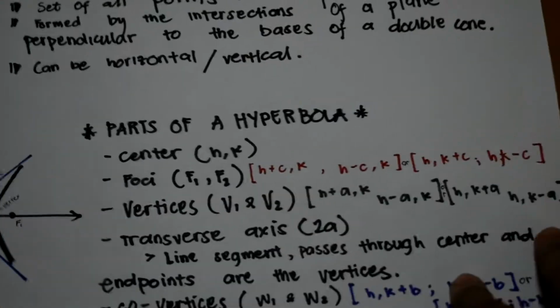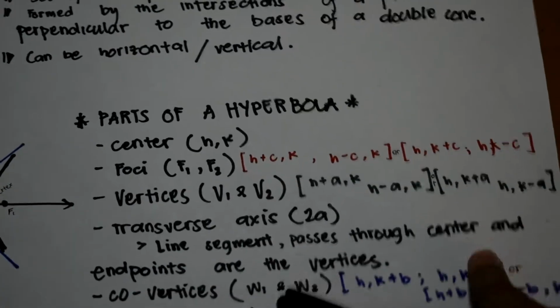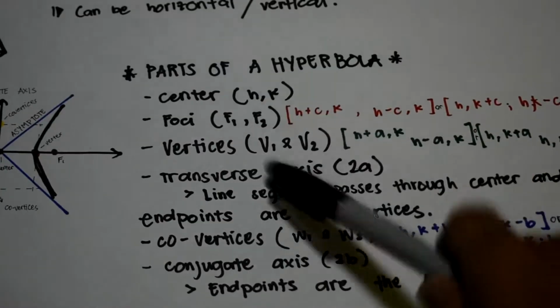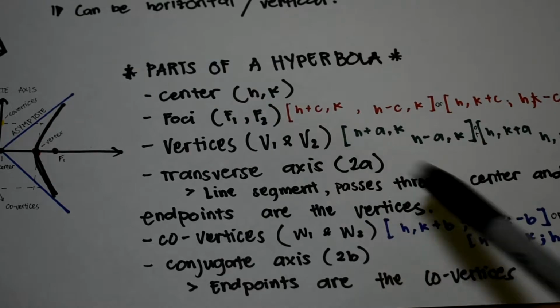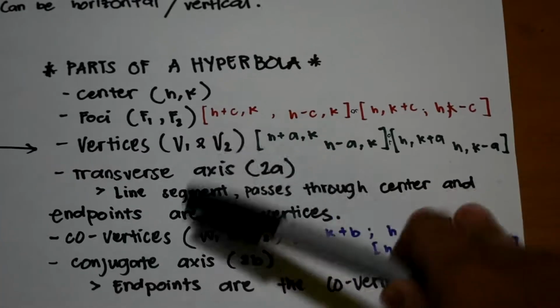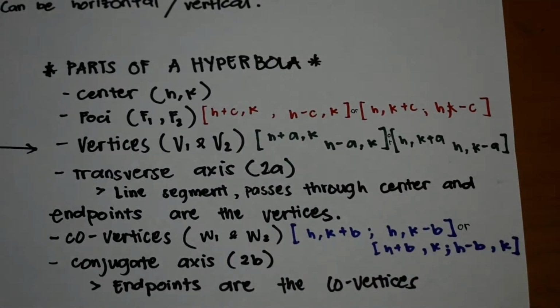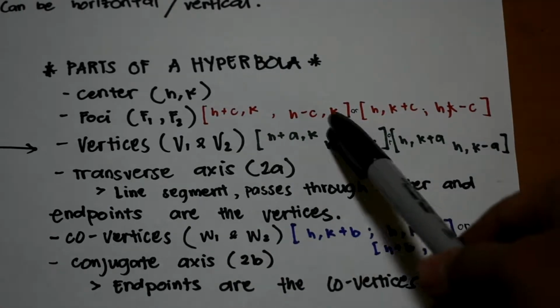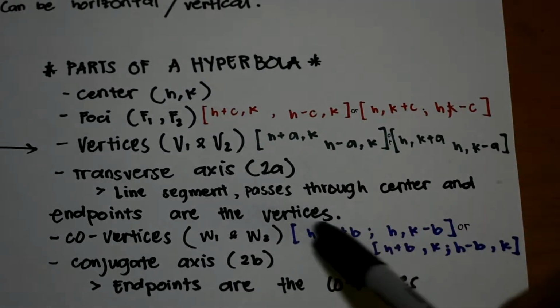Now let's proceed with the basic formulas found in hyperbola. The three parts, which are the foci, vertices, and co-vertices, have similar formulas that depend on the orientation of your hyperbola. The foci and co-vertices are quite similar.